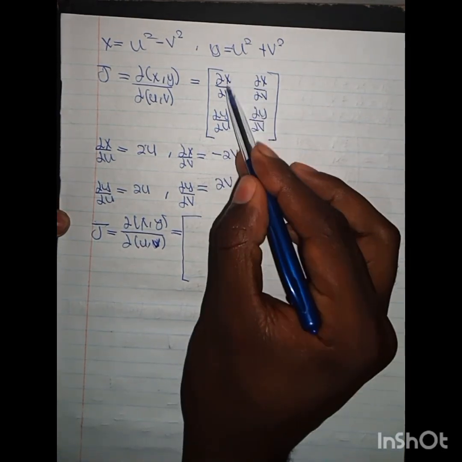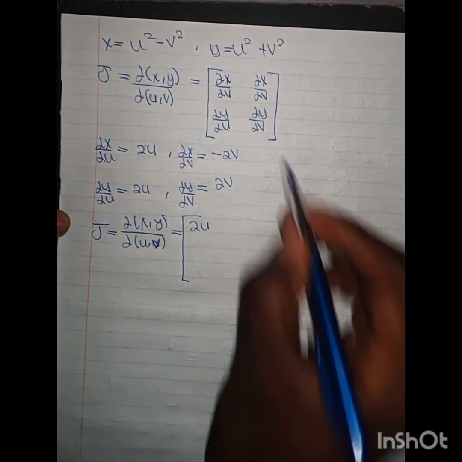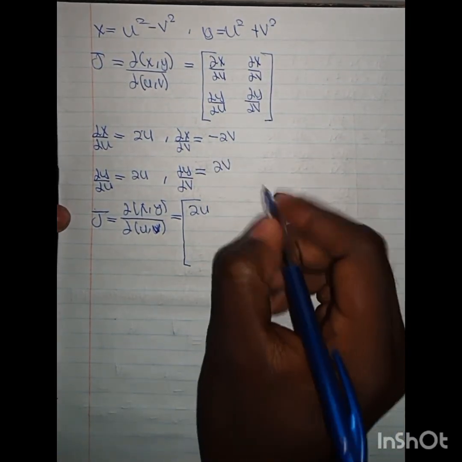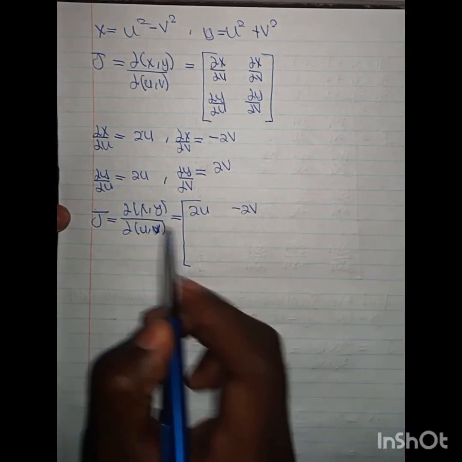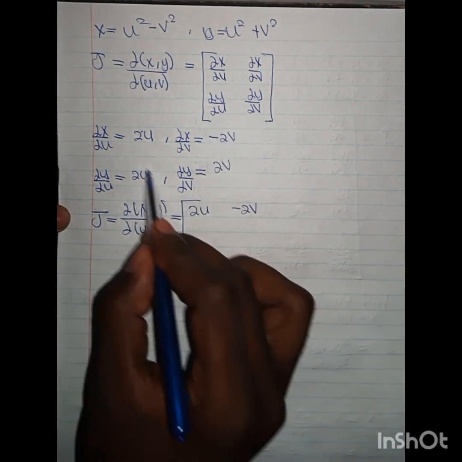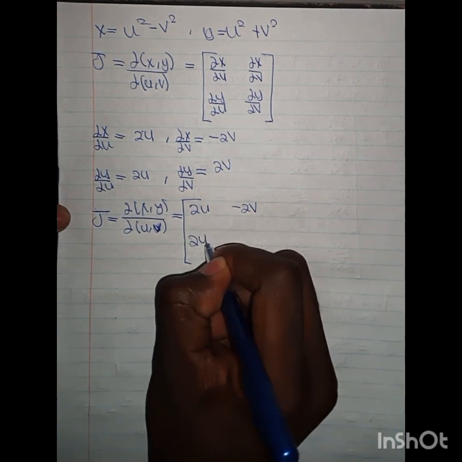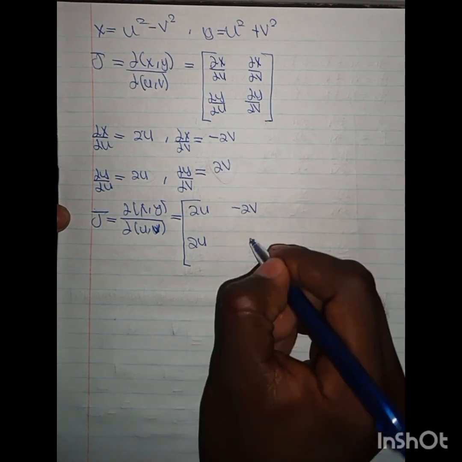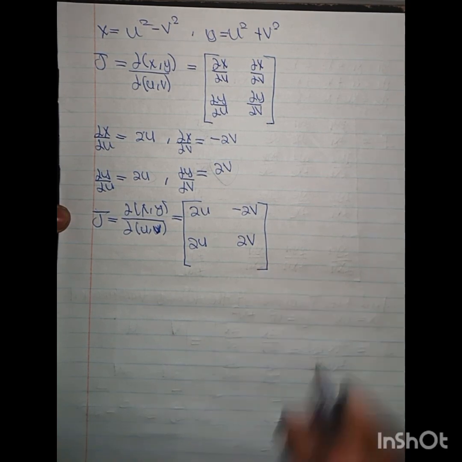So in place of dx/du, we are going to write 2u, in place of dx/dv, it means now we have minus 2v, and then in place of dy/du, we'll have 2u like this, and then lastly in place of dy/dv, we'll have positive 2v. So this is our Jacobian matrix.